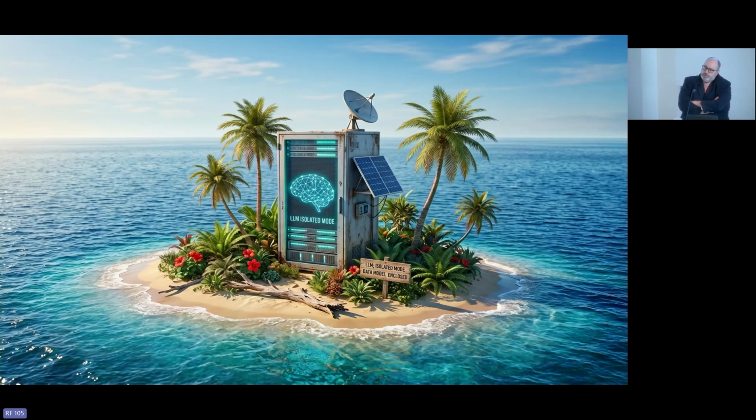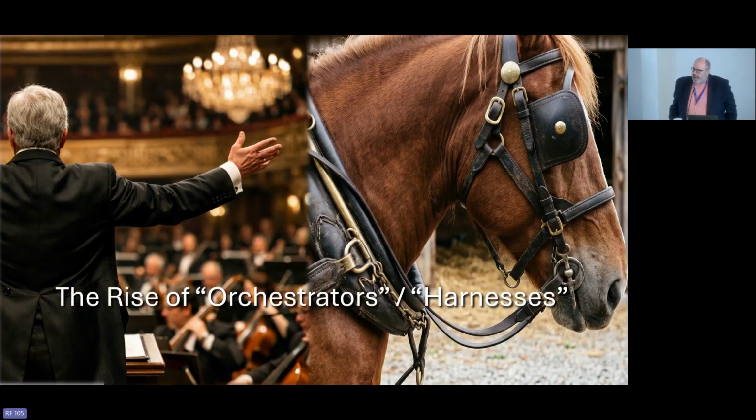It's being used to communicate important ideas. And because no model should be an island unto itself, we're seeing the rise of orchestrators and harnesses. What do I mean by orchestrators or harnesses?